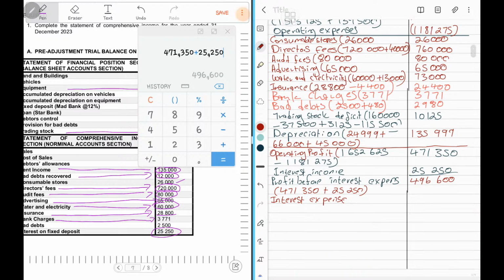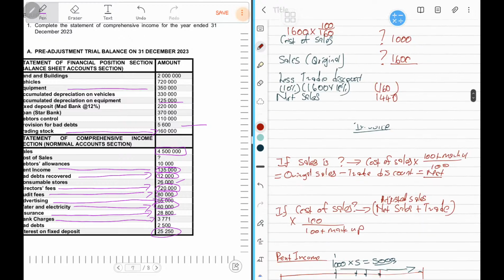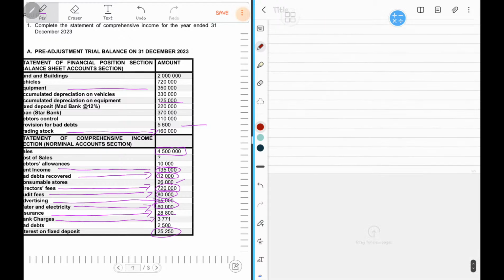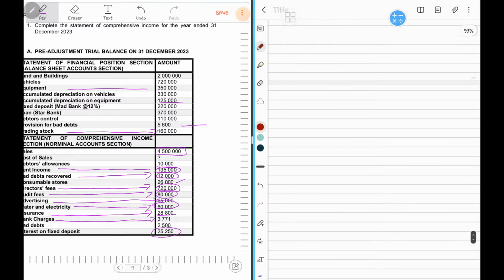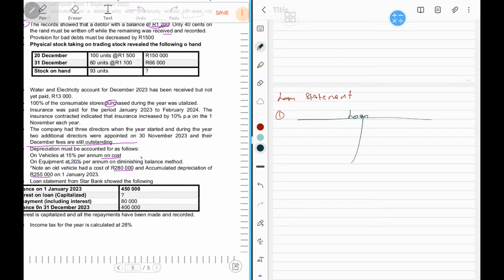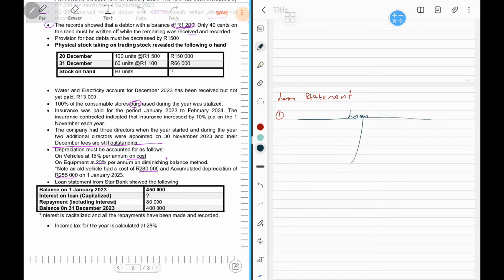Then we are to subtract the interest expense. Now for interest expense, if the loan statement is given, let me show you how you can do it best. If the loan statement is given, there are two methods or three approaches. So step number one, you can use the loan account, which is a T account, whereby you are going to refer back to the loan statement.